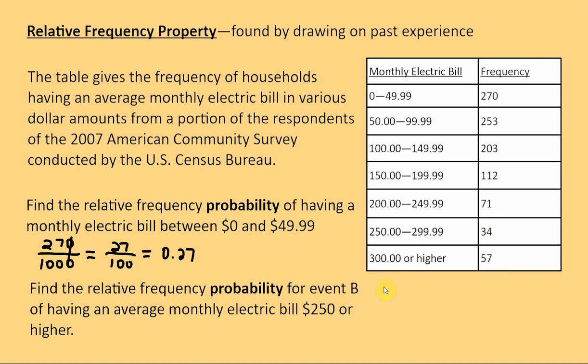So that would be 34 plus the 57 over all the possible frequencies over 1,000. So if I add those together, I get 91 out of 1,000. And that gives me 91 thousandths.